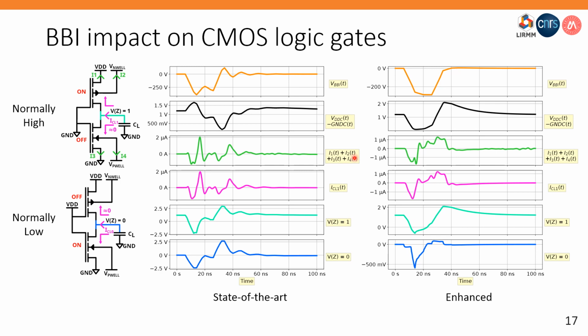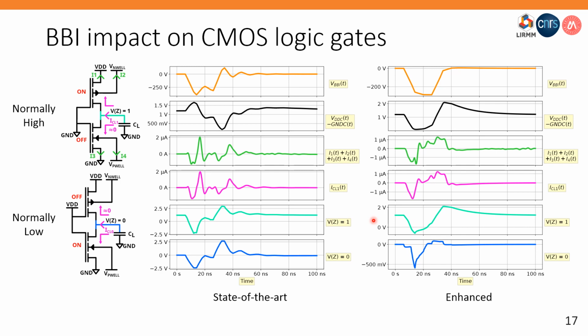In the normally low inverter, the charges exit through GND and the P-well, and in the normally high inverter, the charges escape through VDD and the N-well. In addition to this, the normally high inverter in that case is pulled low for 20 nanoseconds, a bit more than 20 even, exactly 22 nanoseconds.